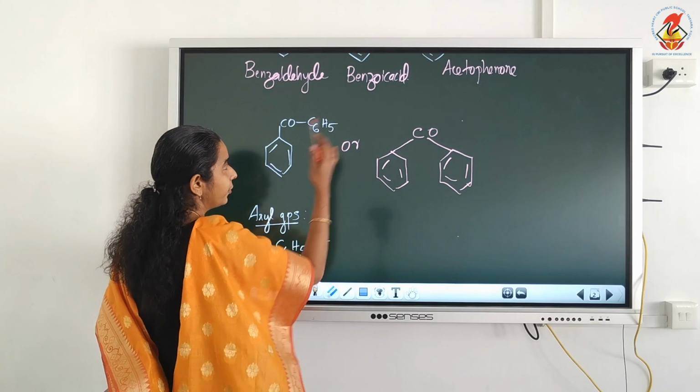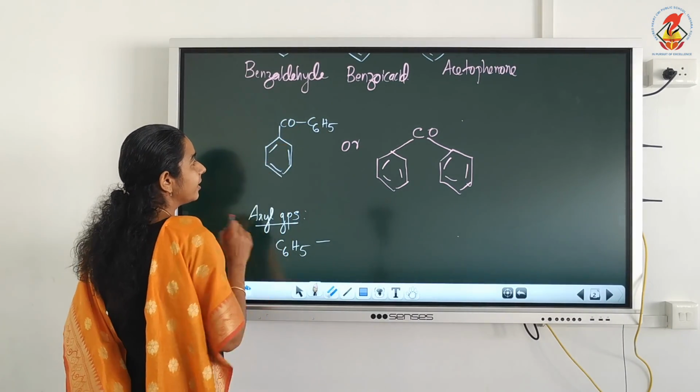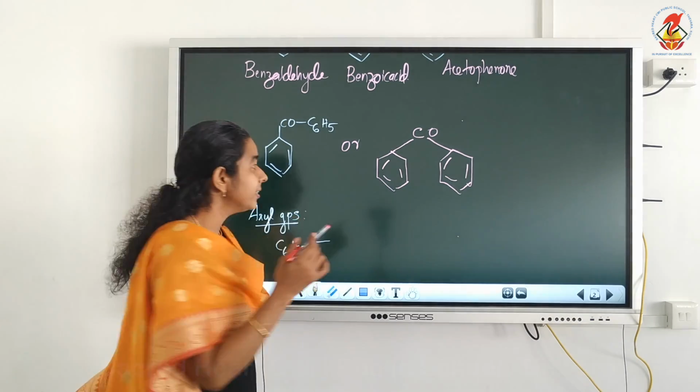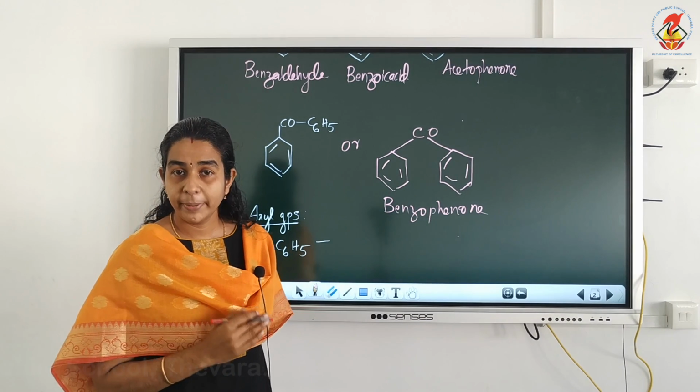Acetophenone and benzophenone, what is the structural difference? In acetophenone, one side will be a benzene ring and the other side will be CH3. But in benzophenone, on either side of the keto group, it will be a benzene ring.